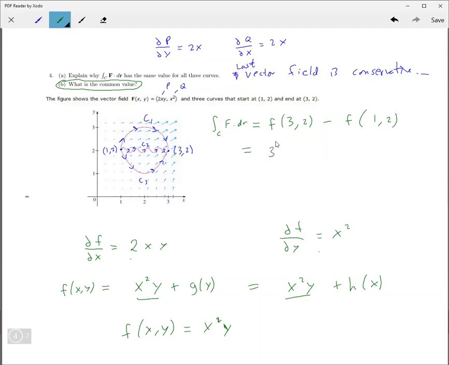So 3 squared times 2 minus, and then this is 1 squared times 2. So that's what, 9, 18 minus 2, which is 16. Okay, any questions about that?